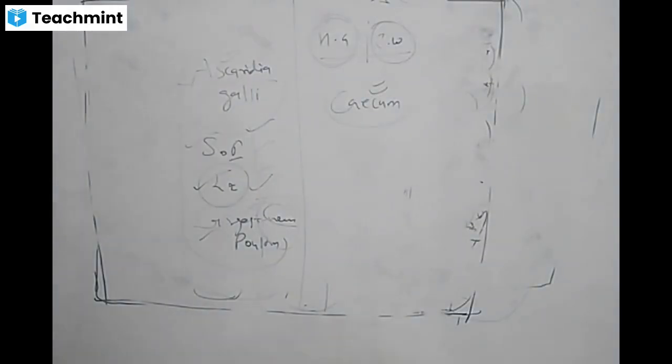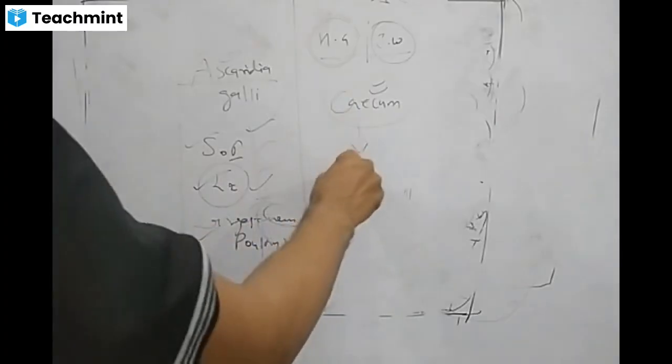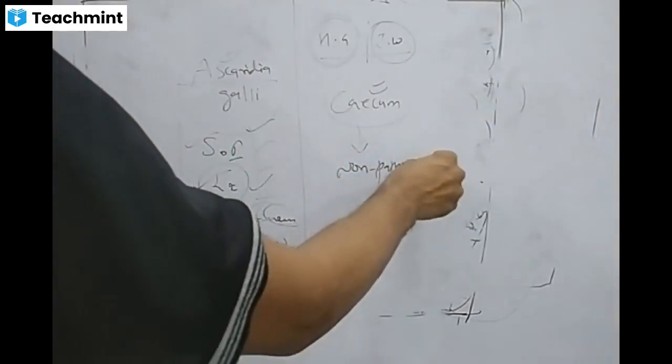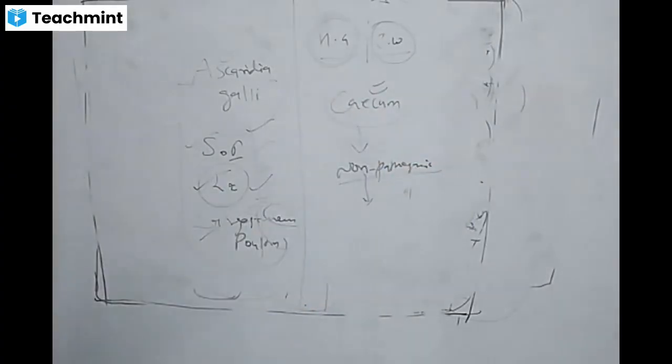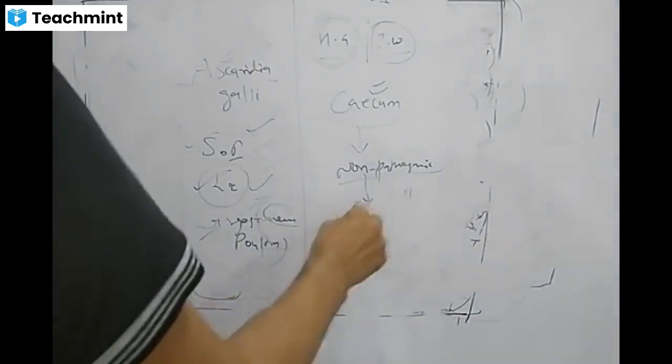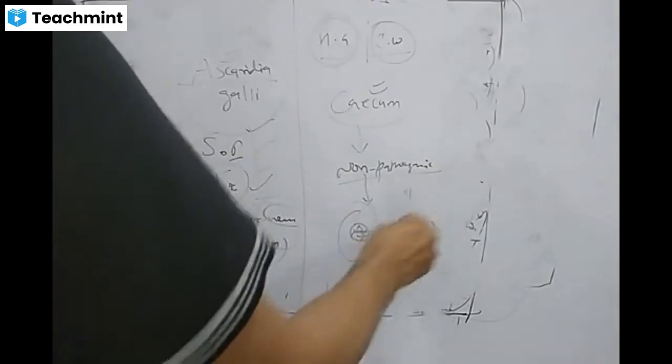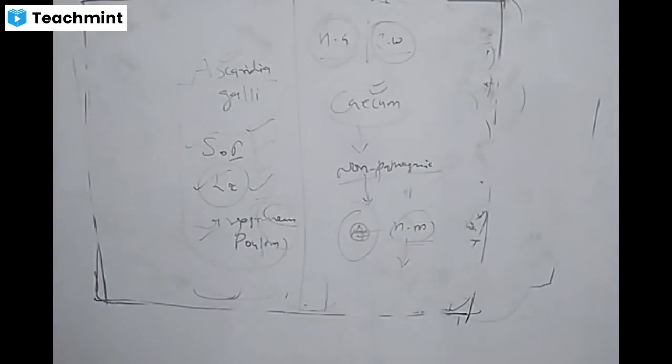This is non-pathogenic. So there is something related with this cecal worm, and that something is inside the egg of this, you will find Histomonas meleagridis protozoa. That was related with blackhead of turkey.